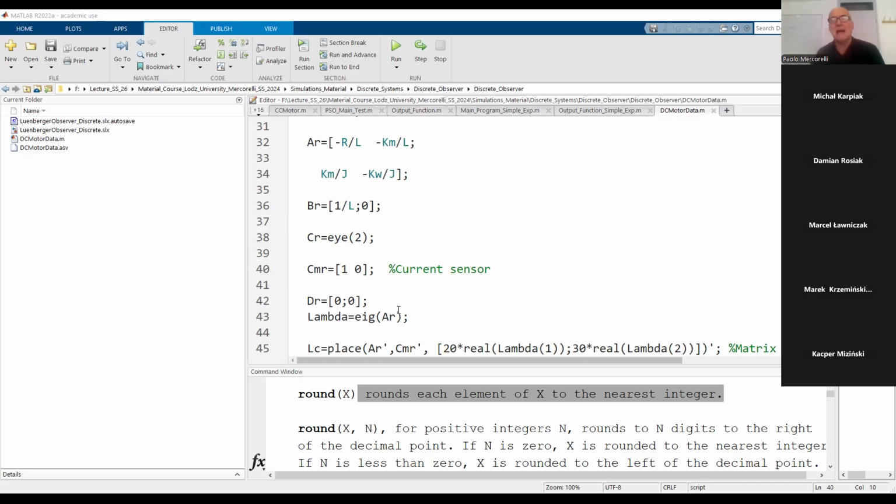But of course, I am assuming that I know the system perfectly. If I don't know the system perfectly, or if I have some disturbances in the measurement, this observer does not work correctly. We have to modify this observer.